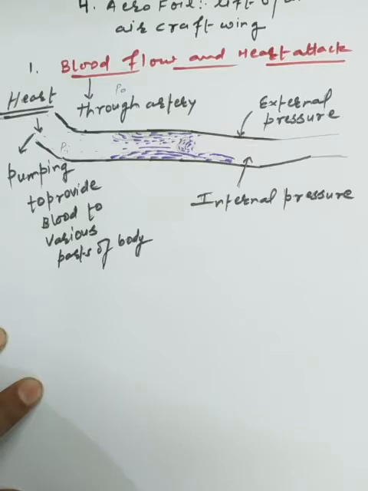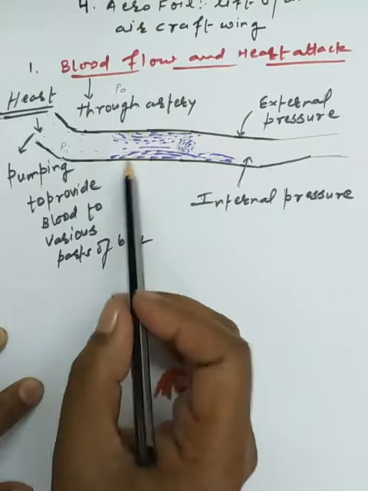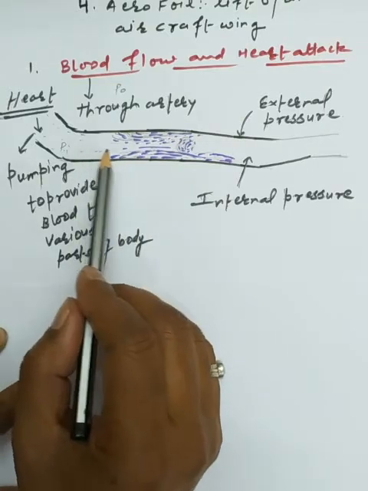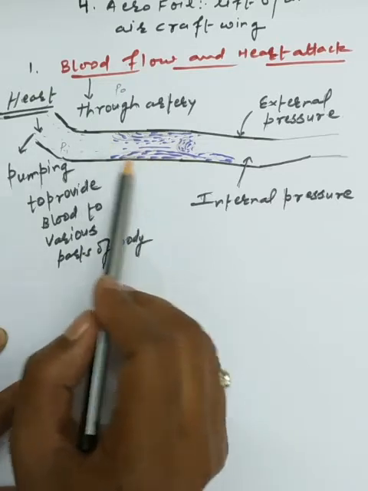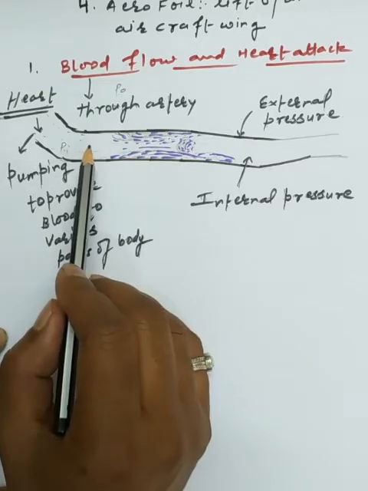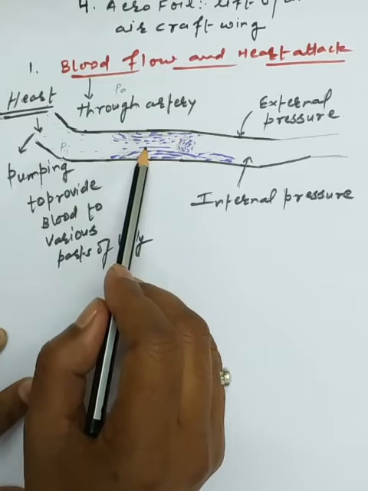But with our lifestyle, we always use different types of junk food or fatty food. That food, fat, or plaque accumulates inside the wall of the artery, and the way of the blood is restricted a little bit.